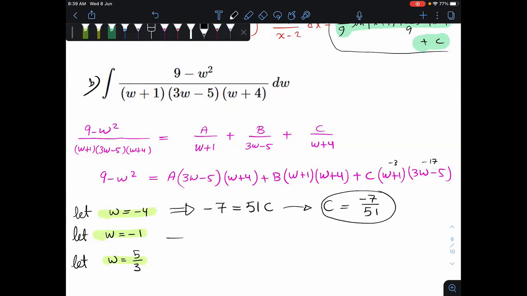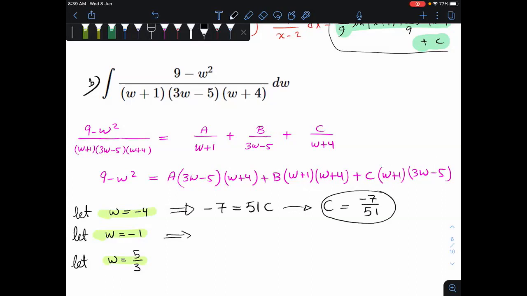When w is negative 1, we cancel out B and C and substitute in the equation again.